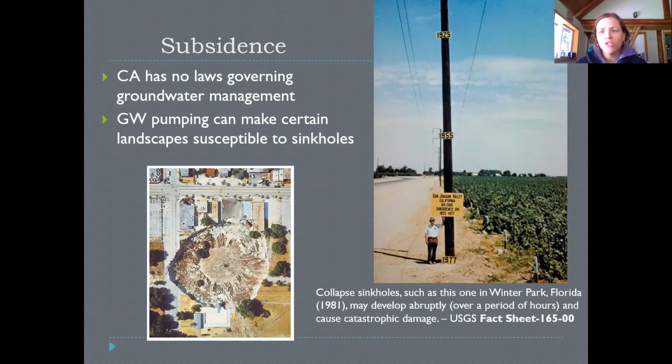But all in all, we've had much, much less regulation and management of our groundwater historically compared to surface water. It's been a bit of a free-for-all where everybody is drilling wells on their own and trying to get as much water as they can without a lot of concern about how that might be affecting their neighbors or their future selves. Recently there has been a new law in California called the Sustainable Groundwater Management Act, or something like that.